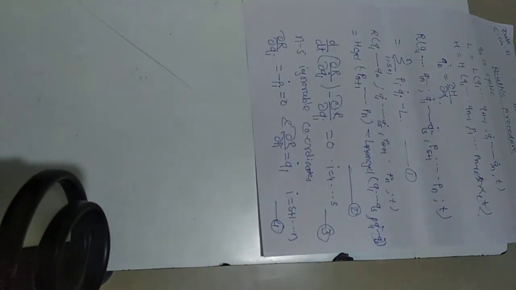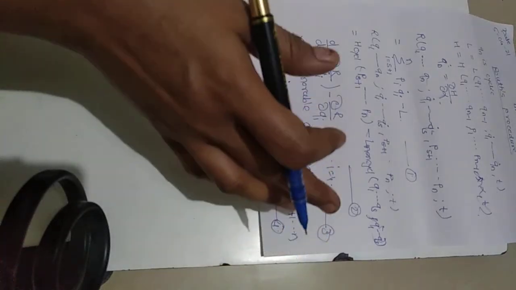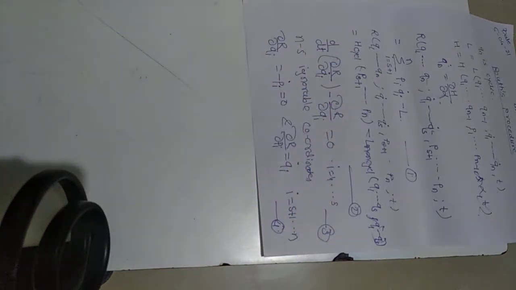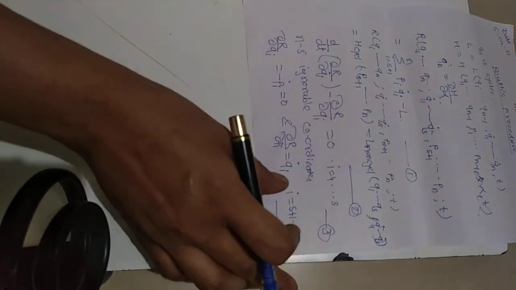A simple, almost trivial example may clarify the Routh procedure and the physical significance of the quantities involved. Consider the Kepler problem, that of a single particle moving in a plane under the influence of an inverse square central force F of r derived from the potential V of r is equal to minus k upon r raised to the power n.